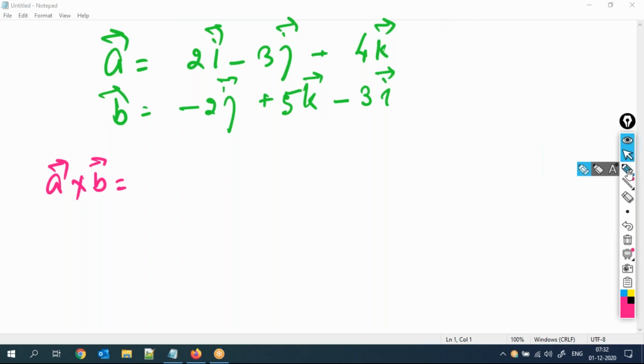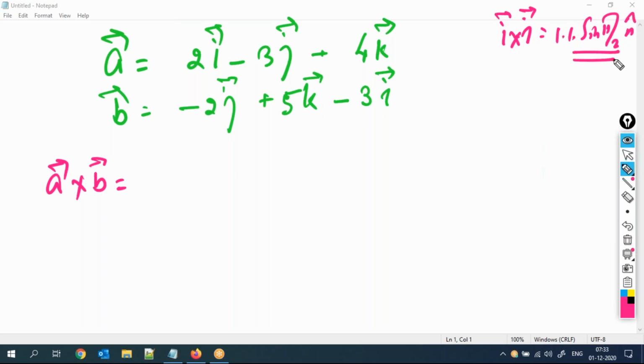Okay, so anyway, A cross B. Remember, I cross I equals 1 dot 1 dot sine pi by 2 vector n.